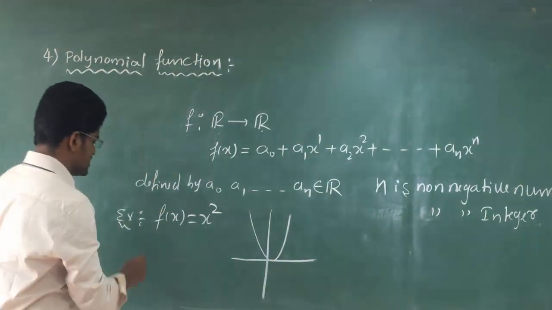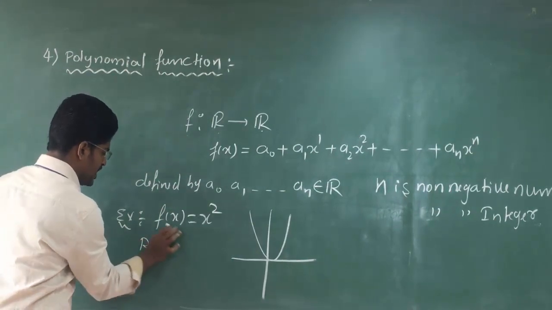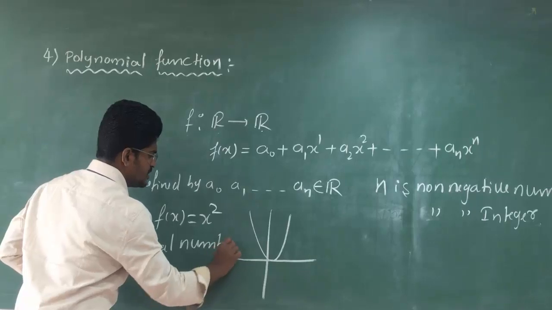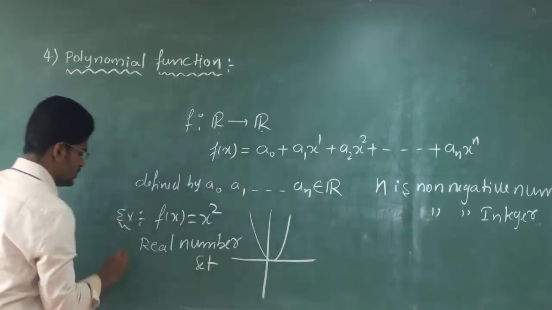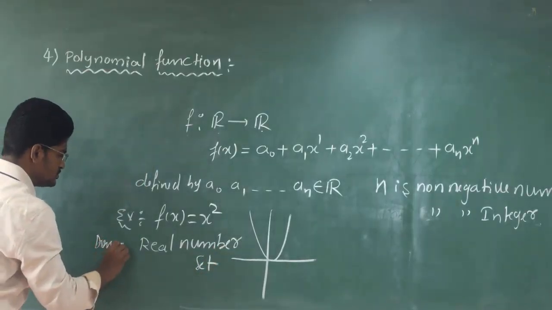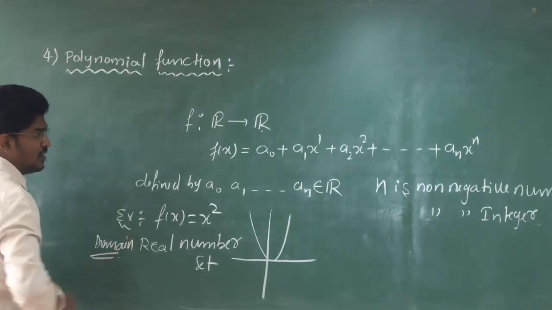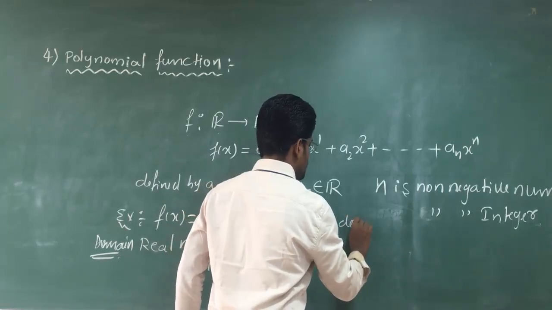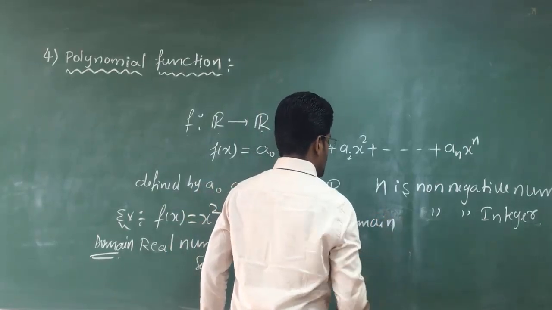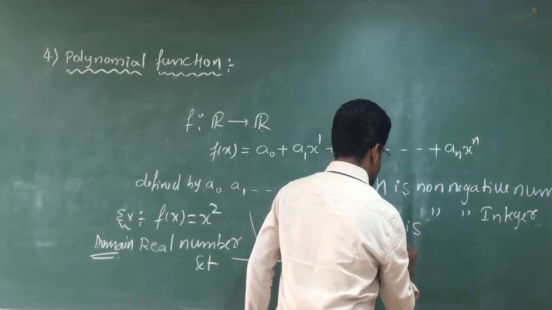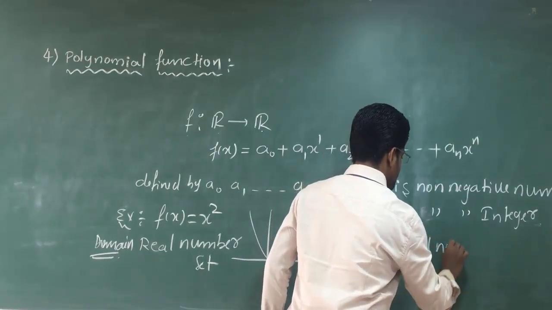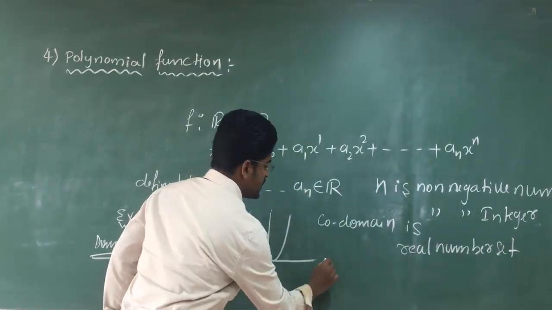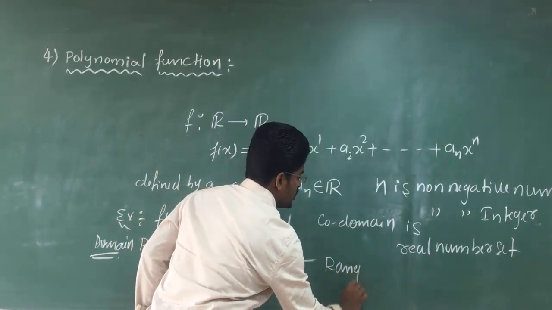Here the domain is the real number set. No problem with the domain. Next, the codomain is also the real number set. The very specific thing is the range.